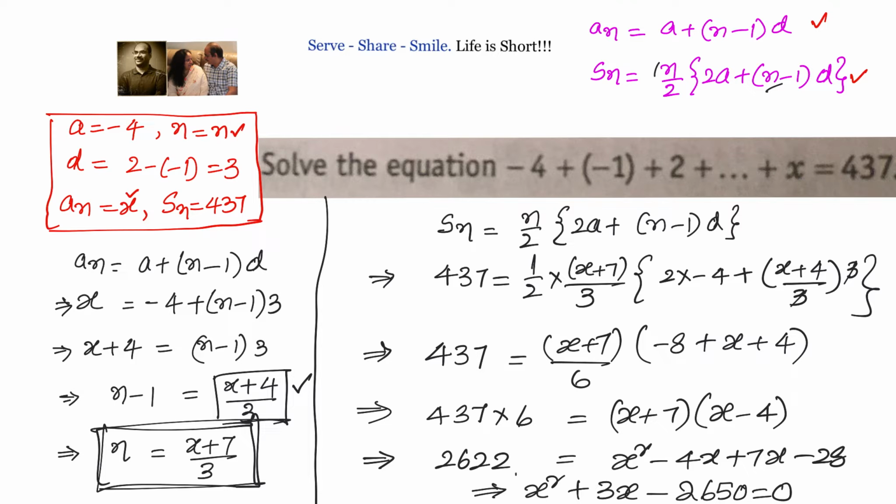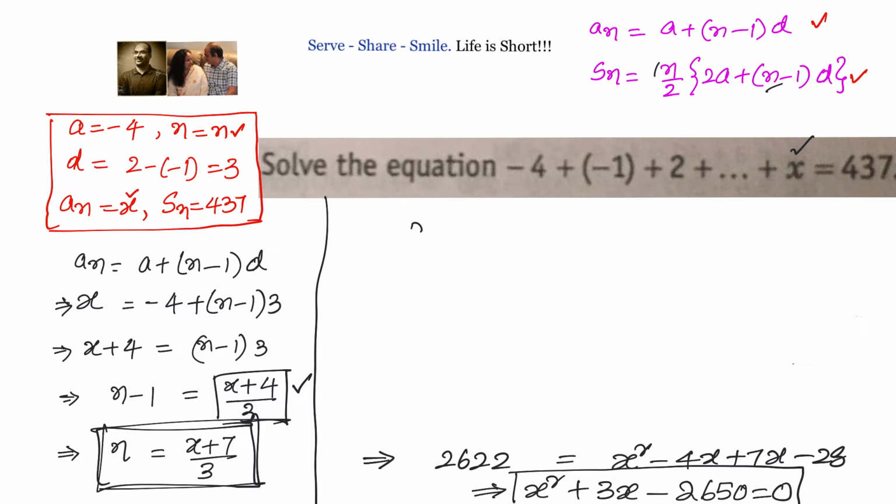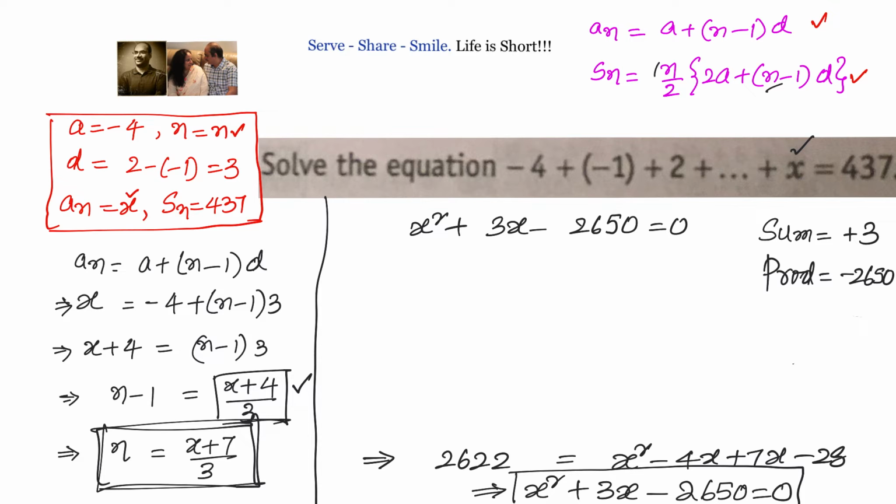Now this is the quadratic equation we have to solve to get the value of x: x square plus 3x minus 2650 equals 0. We can solve it by the quadratic formula, or let us see if we can use splitting the middle term. We need the sum of two terms to be plus 3 and the product to be minus 2650. That can be written as plus 53 and minus 50.